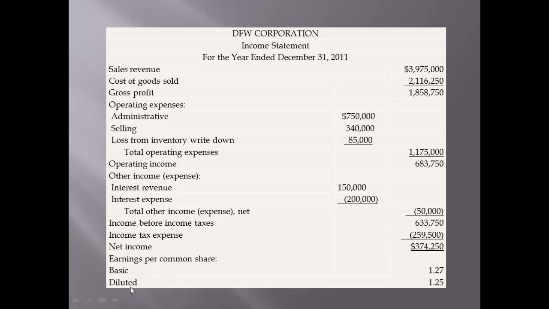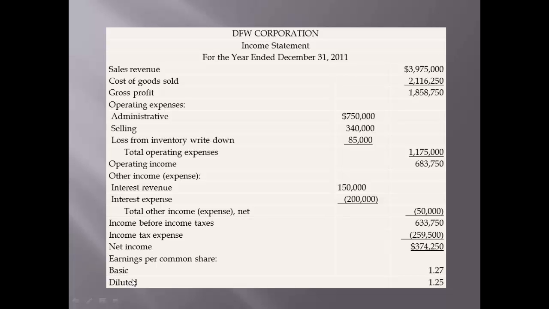Now, the diluted earnings per share includes the effect of dilutive securities. Now, such securities dilute the common shares outstanding. They are not shares at the moment, but if exercised, for example, they would increase the number of common shares outstanding and dilute the earnings per share calculation.